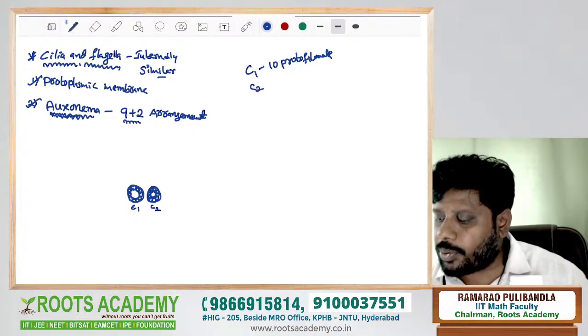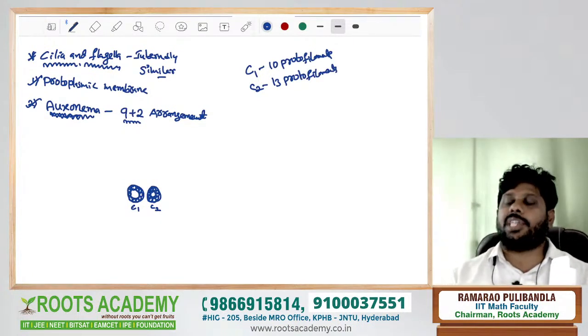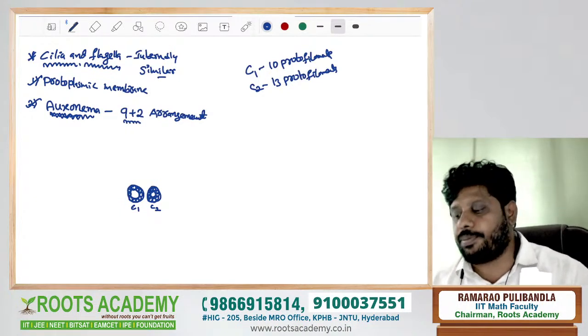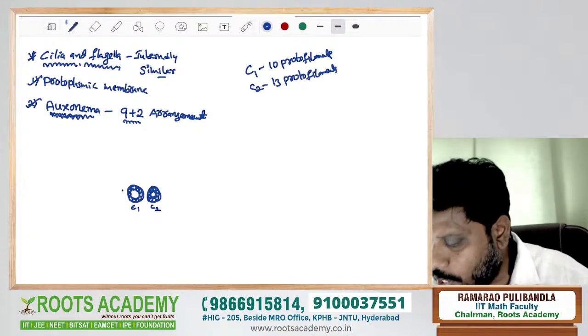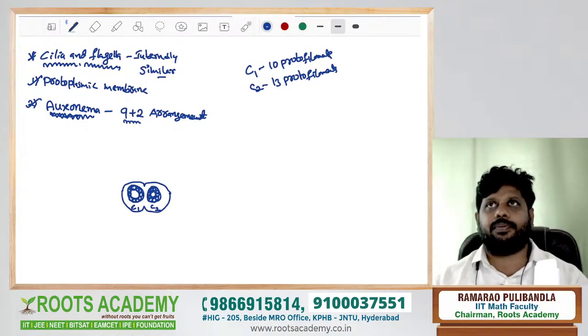This C1 and C2 are covered with one sheath, called the central sheath.